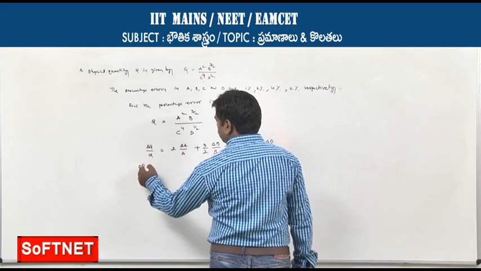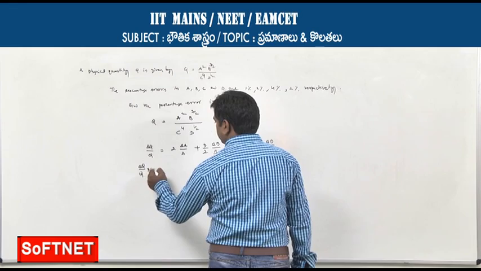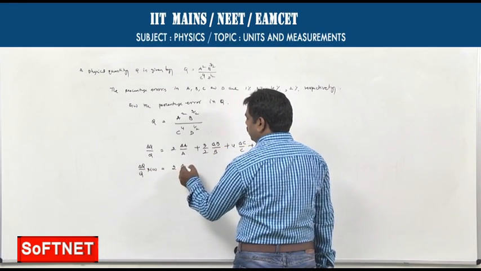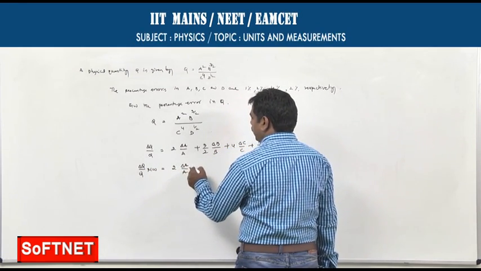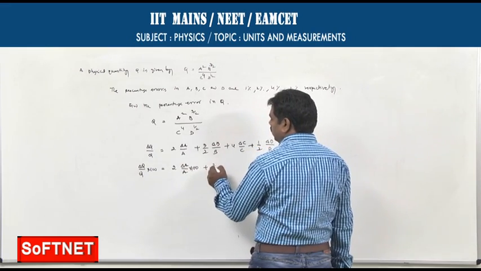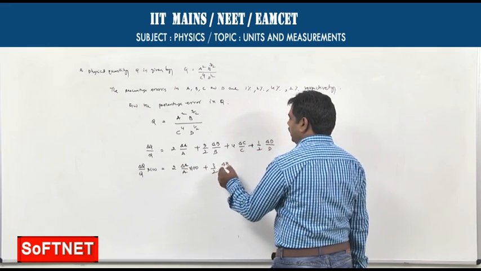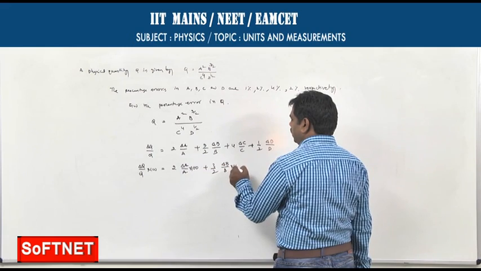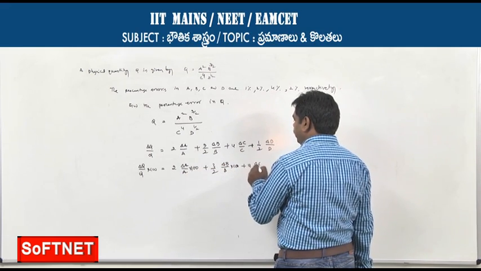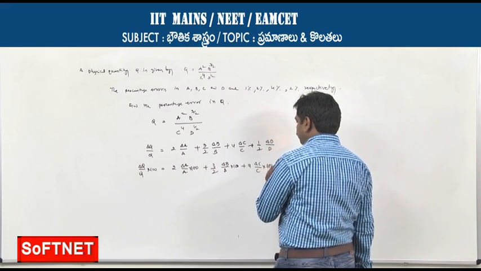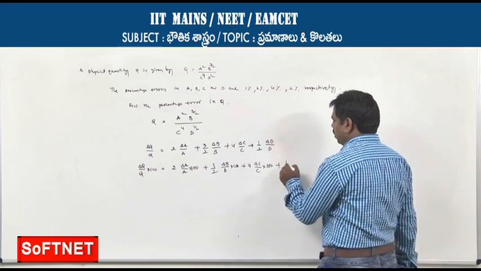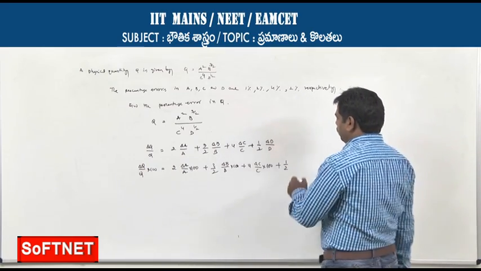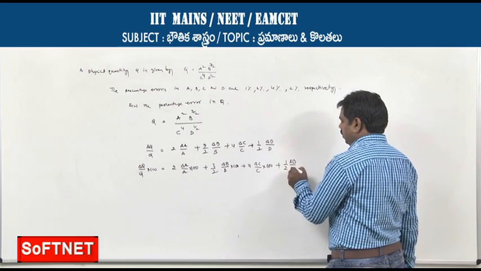So delta Q by Q into 100 is equal to 2 into delta A by A into 100 plus 3 by 2 into delta B by B into 100 plus 4 into delta C by C into 100 plus half into delta D by D into 100.